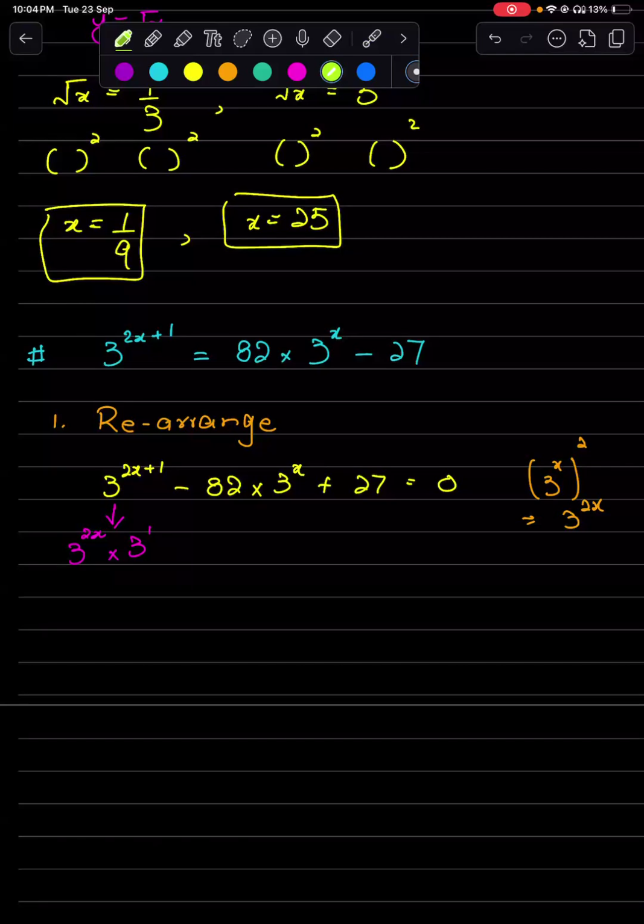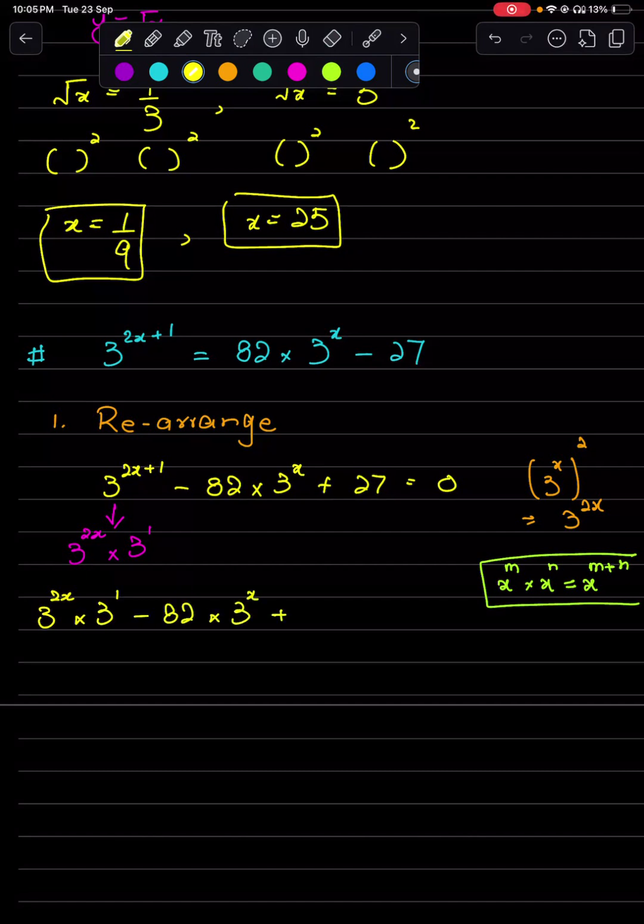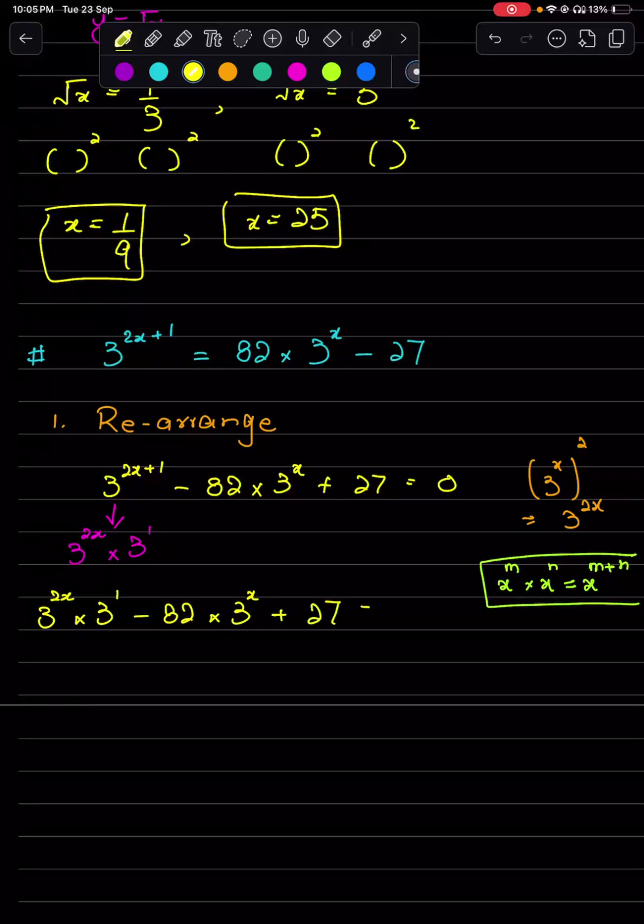The law of index says that x to the power of m into x to the power of n is equal to x to the power of m plus n. Remember? Yes. So we would be applying the same approach. So this is actually 3 to the power of 2x into 3 to the power of 1 minus 82 into 3 to the power of x plus 27 is equal to 0.